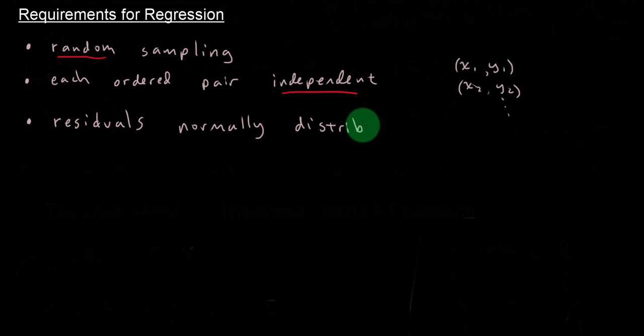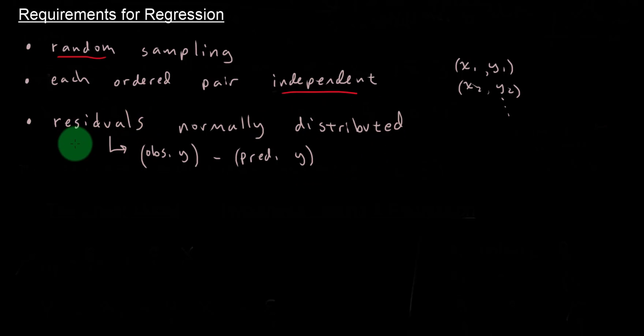It was in the previous video, maybe the first video, that we defined what a residual is. Remember, it's the observed y value minus the predicted y value from the line. I'm going to show you how to visualize that in just a moment.